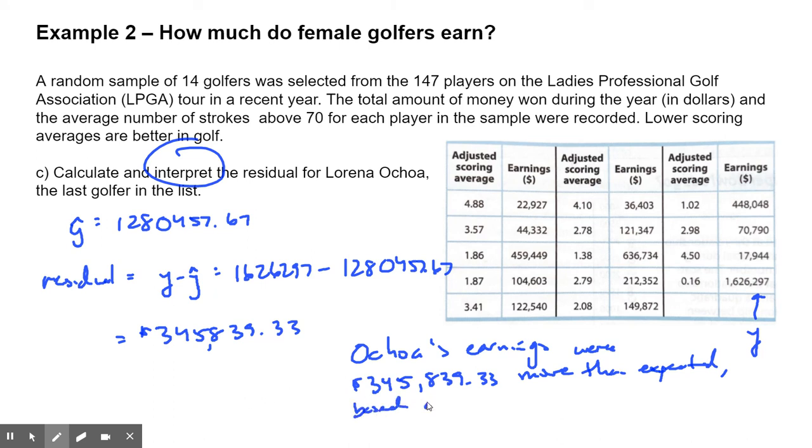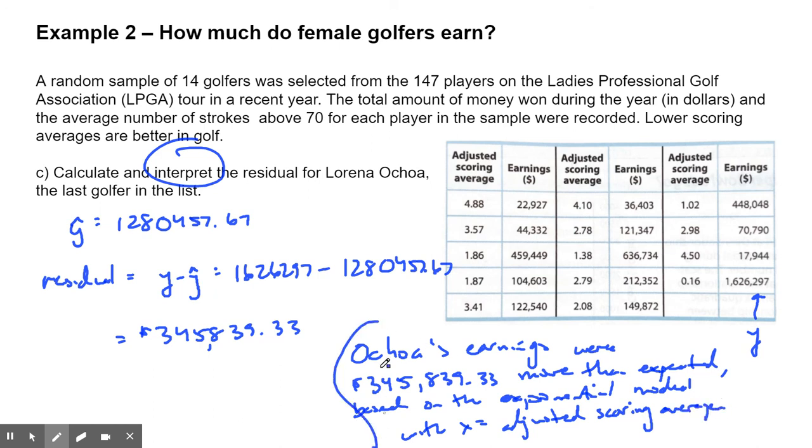So the interpretation is: Ochoa's earnings were $345,839.33 more than expected, based on the exponential model with x equals adjusted scoring average. Okay, last one's on residual plots.